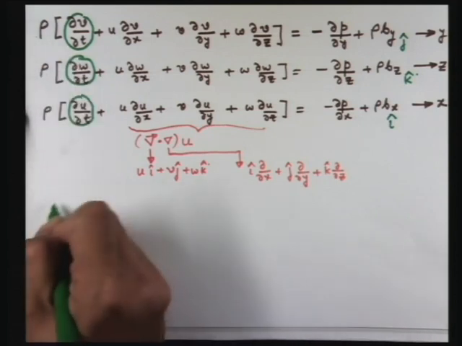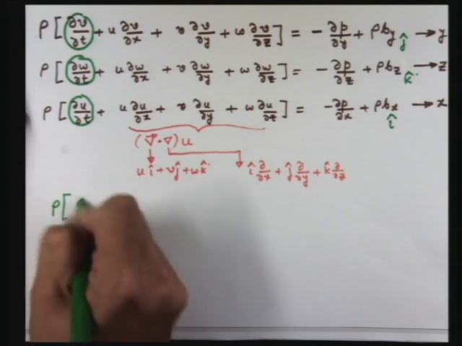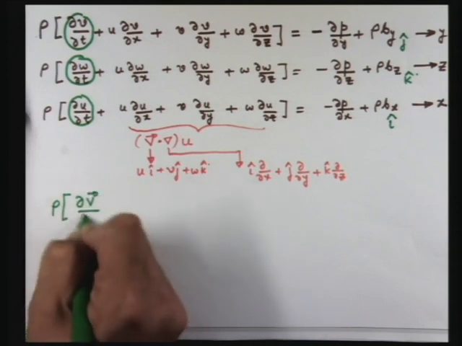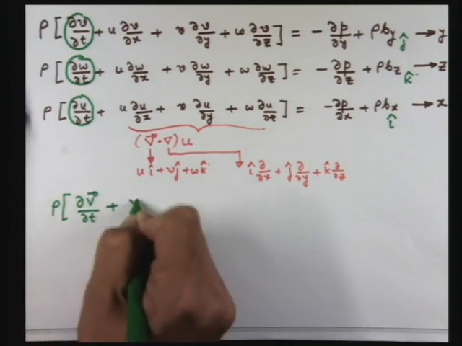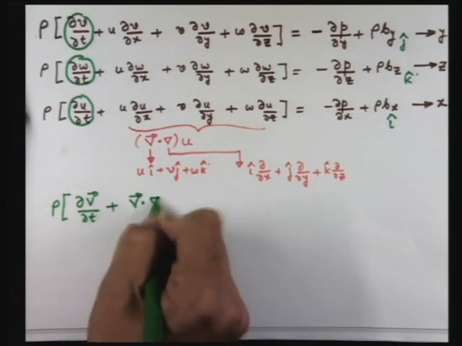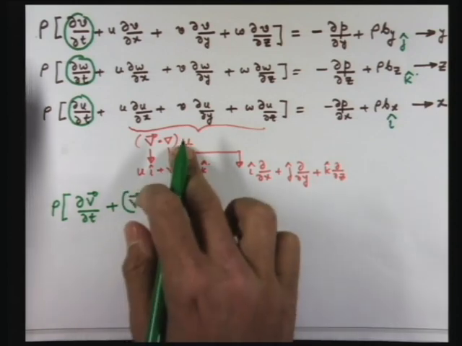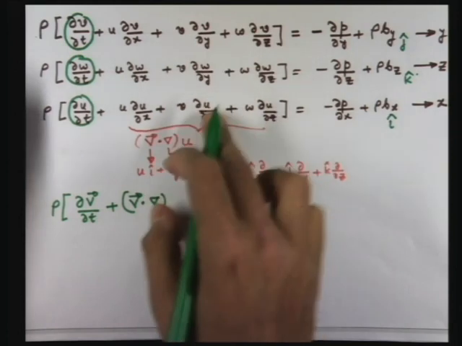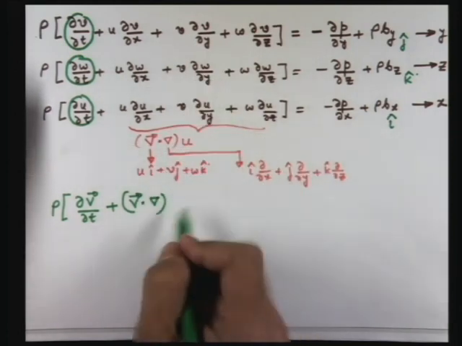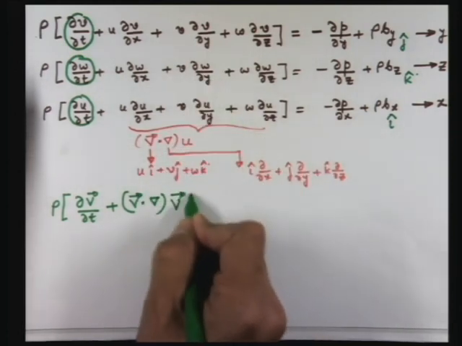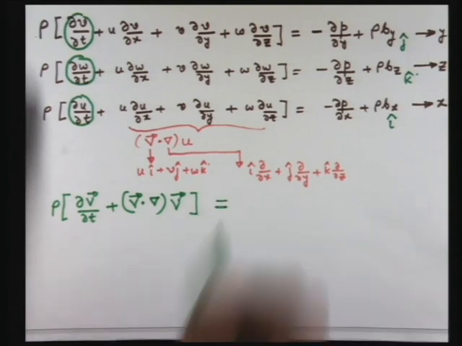So rho del v del t plus v dot del, this is u i cap plus v j cap plus w k cap, that is the velocity vector v.